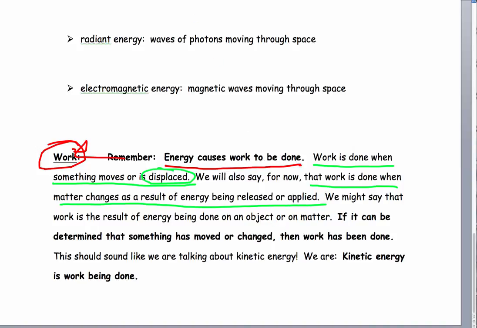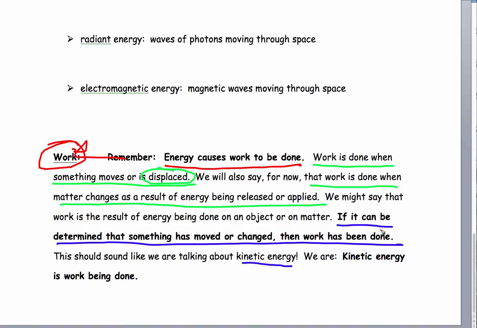And let's just get your blue colored pencil and get the main ideas here. So if it can be determined that something has moved or changed, then work has been done. And interestingly enough, this should sound like we're talking about kinetic energy, and we actually are, because kinetic energy is when work is being done. When work is being done, we see kinetic energy.